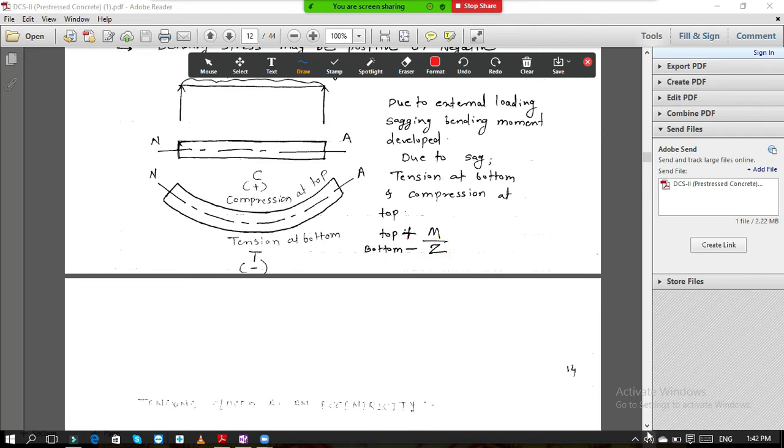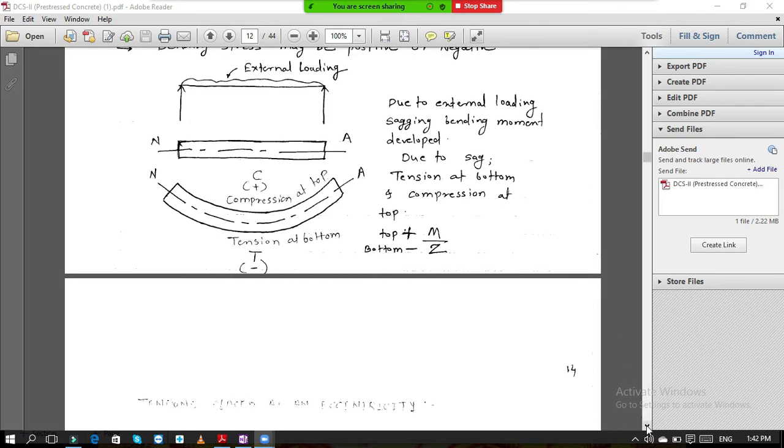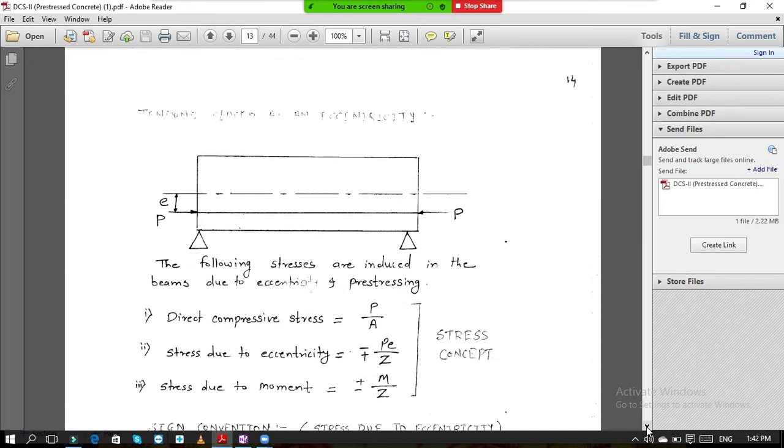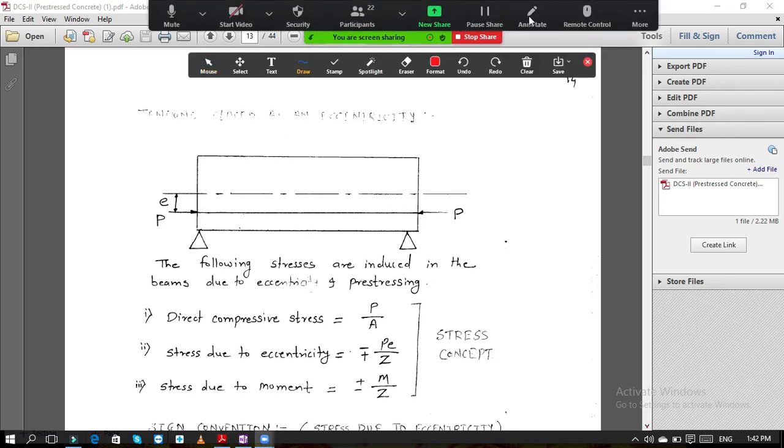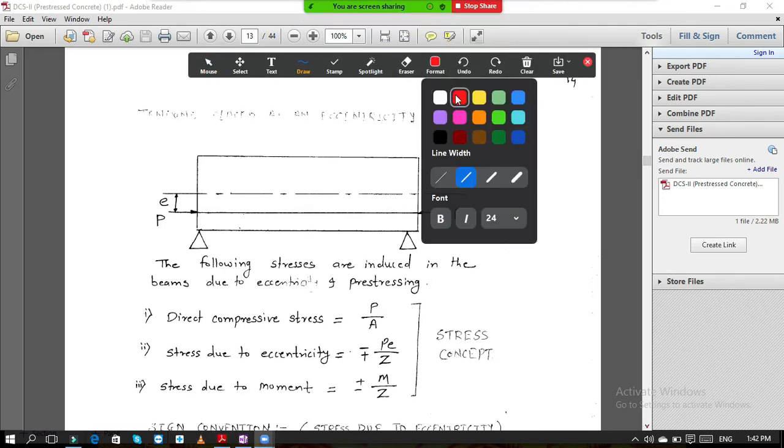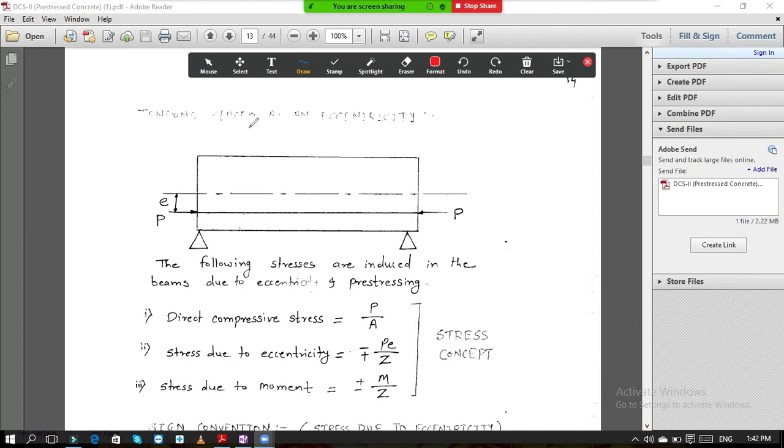So now the next thing is, all this we have considered for concentric tendon. Okay. Now for the eccentric tendon. Till now, whatever we have seen is for concentric tendon, that is, tendon passing through the centroid.